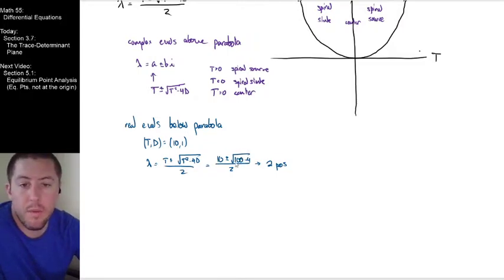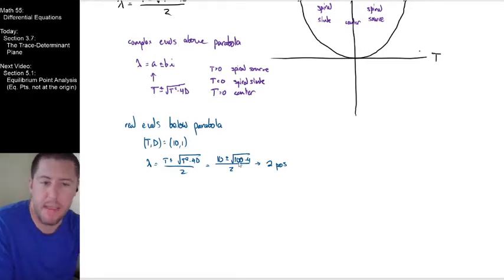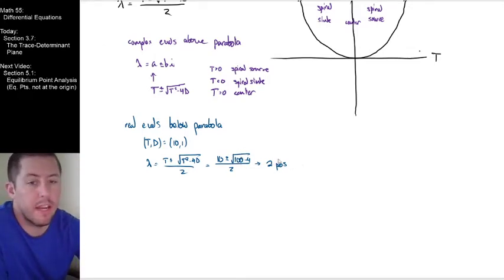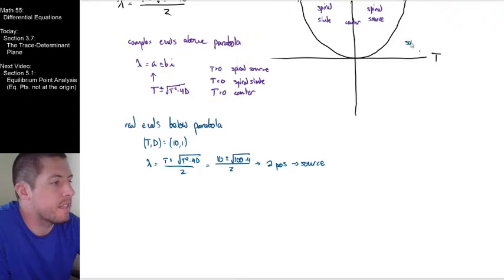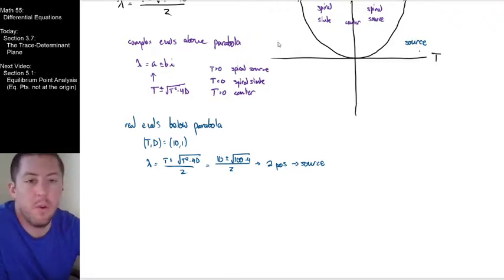Therefore, when we add and subtract, even the subtraction doesn't bring it down enough to make it negative. So we're getting a straight up source because we're getting two positive real eigenvalues. So it looks like this is just our source region over here. Conversely, I hope you can believe that we're going to get our sink region over here.